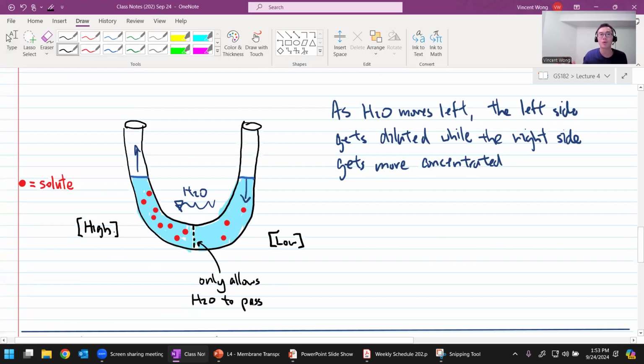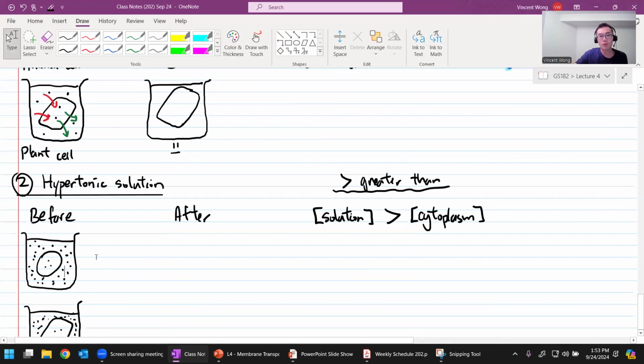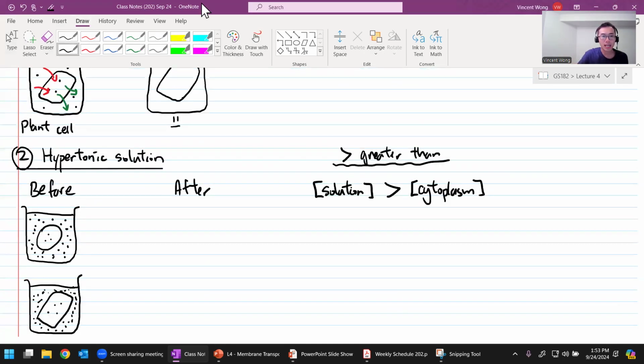The dots don't move, but the water will move. Water is actually going to go towards the side that has higher concentration. Just like when I said putting a spoon of salt in your mouth, that's going to suck out all the water. Water will move towards the more concentrated end. So we would have more water leaving the cell than coming in.